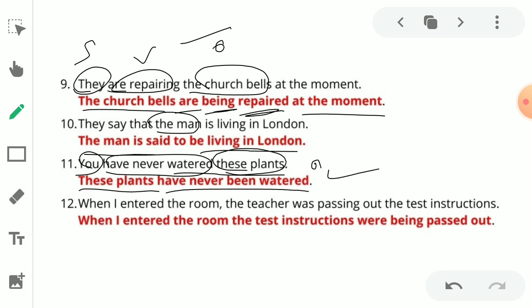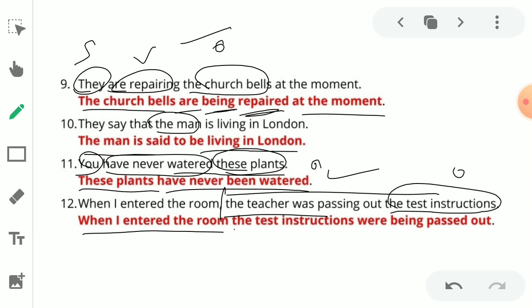Okay. When I entered the room, the teacher was passing out the test instructions. When I entered the room, here you have an action. The teacher was passing out the test instructions. Here, the test instructions is the object, was passing out is the verb. The teacher becomes the subject here.